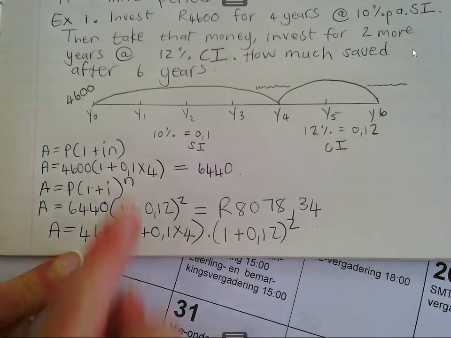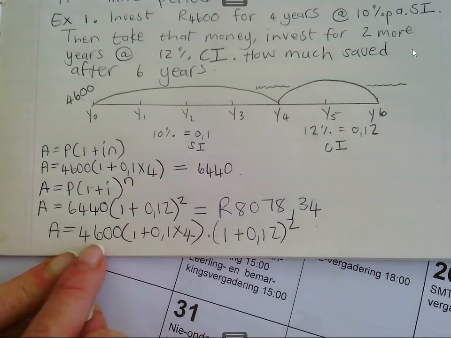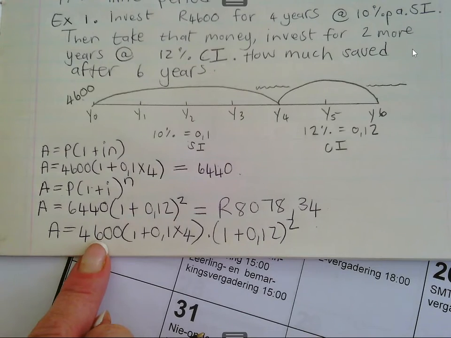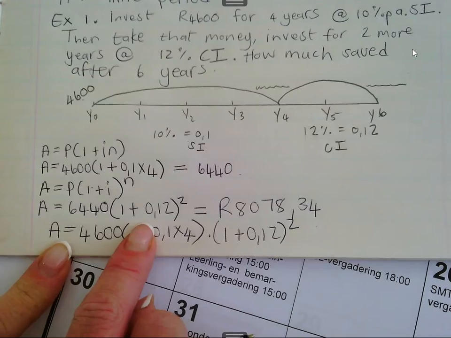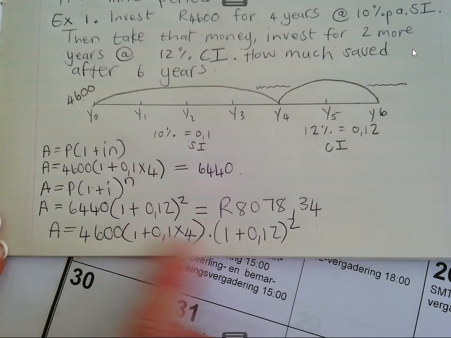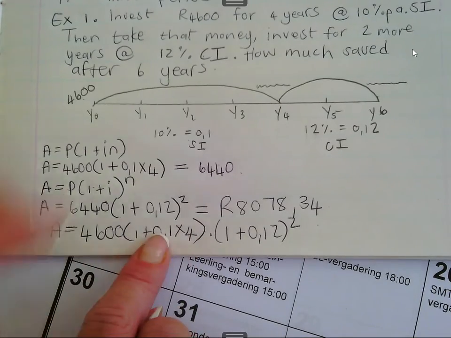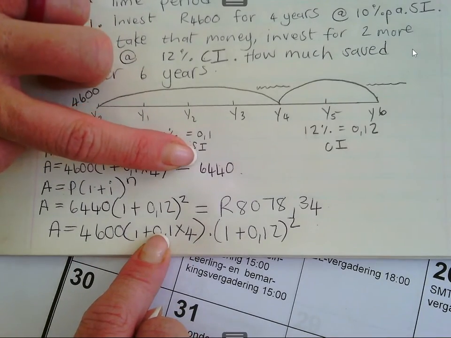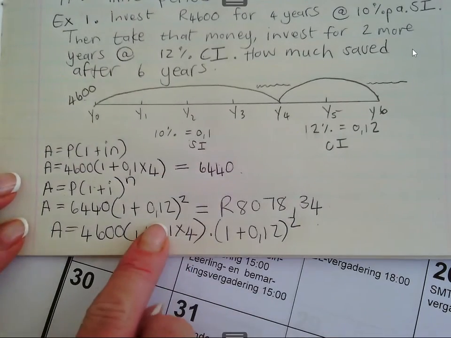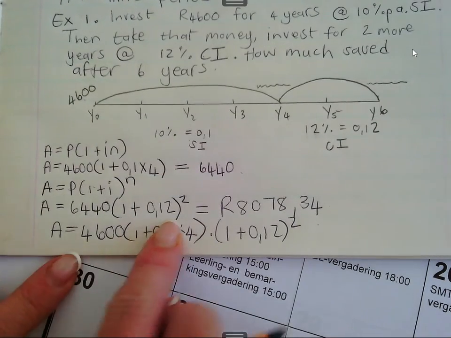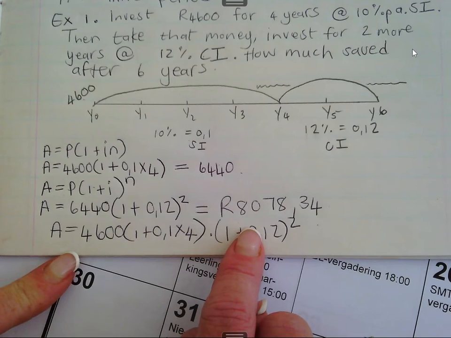So the 2 consecutive things that are happening, I start with my original amount. I do the first investment without getting the answer, but I know when I do that, I will get that answer. And the answer that I get there is 6,440. And that 6,440 is multiplied with 1 plus 0,12 to the power of 2.